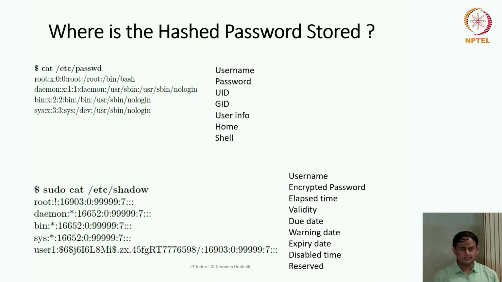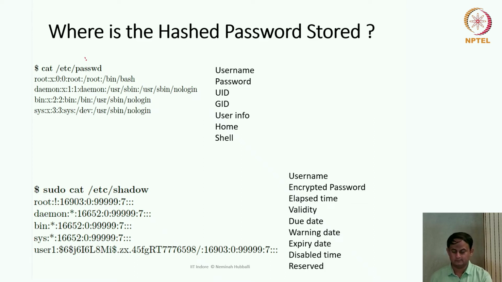So now let's take a look at where exactly, at least in modern Linux systems, these passwords are maintained and what other information is inside those files. I said that the passwords, the hash values and the usernames are stored inside the password file, but modern systems don't store the password in the /etc/passwd file. Now they divide the operation into two different files.